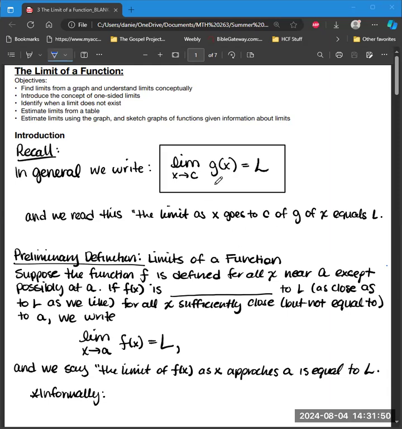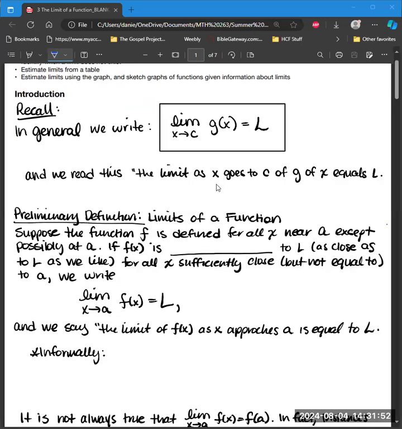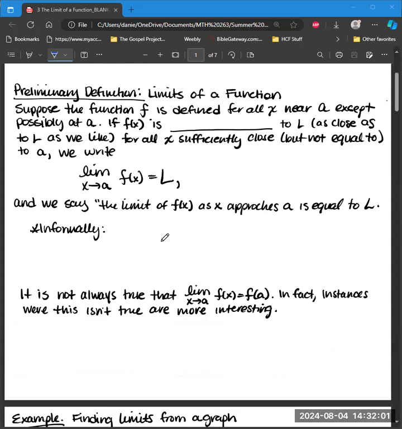So let's just recall from last time. In general, we write limit as x approaches c of g of x is equal to L, and that's how we would read that. So our preliminary definition for limits of a function: suppose that a function f is defined for all x near a, except possibly at a.